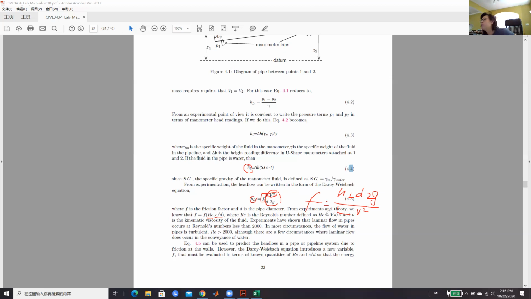The Reynolds number equals V times D, the diameter, over this little v. Okay, the v is the kinematic viscosity of the fluid. Okay, you're able to find it out. You just open your fluid mechanics book and find the kinematic viscosity of the water.